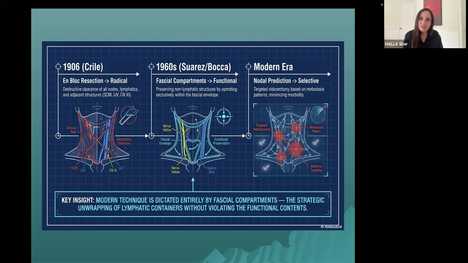And he incorporated the knowledge of these fascial compartments as he planned his surgical approaches for his patients with head and neck cancer.